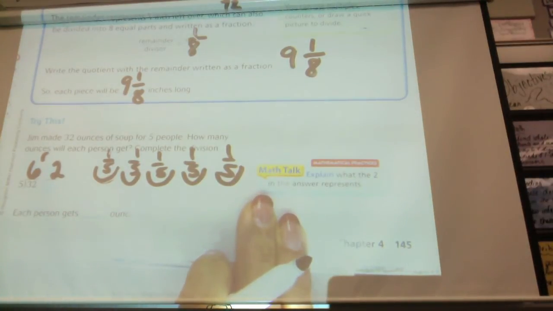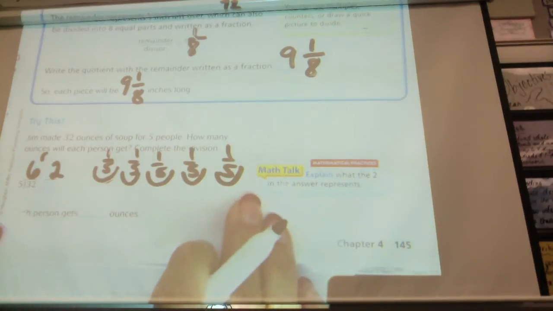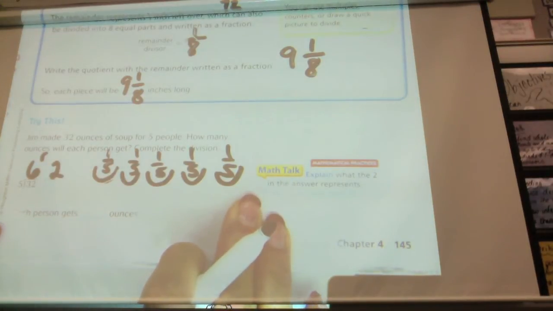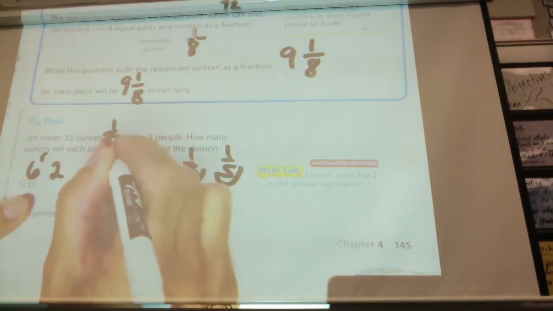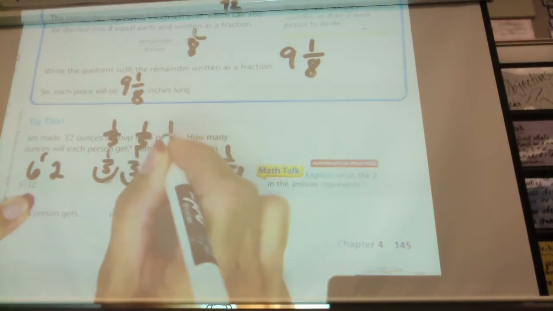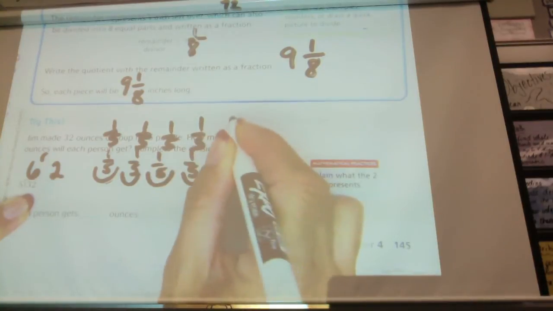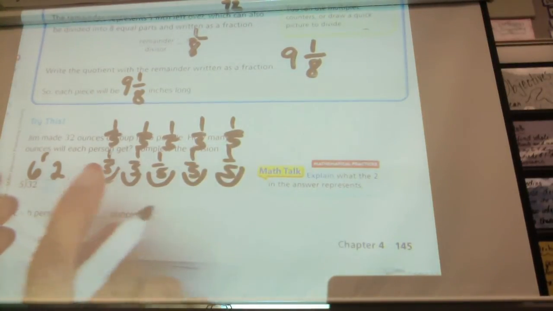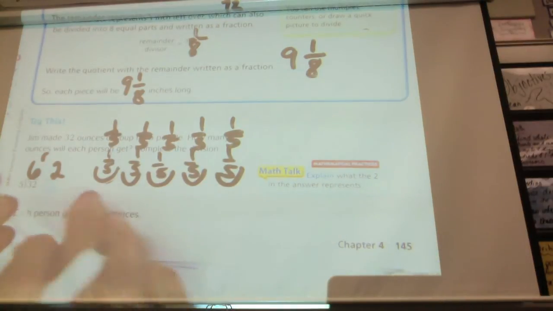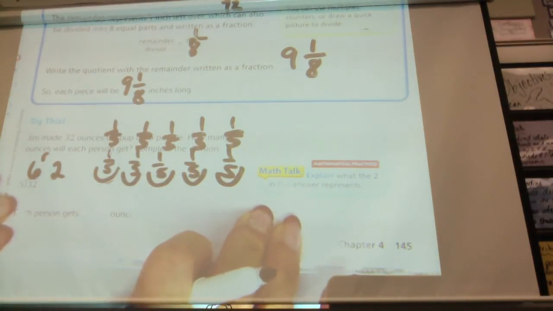Just 1 ounce. Can we split 1 ounce into 5 parts? Yes. And put it into each of the bowls? Can we do that with the second ounce? Yes. 1/5, 1/5, 1/5, 1/5, and 1/5. So again, we can split into those bowls another ounce and give each of those bowls 1/5 of an ounce.